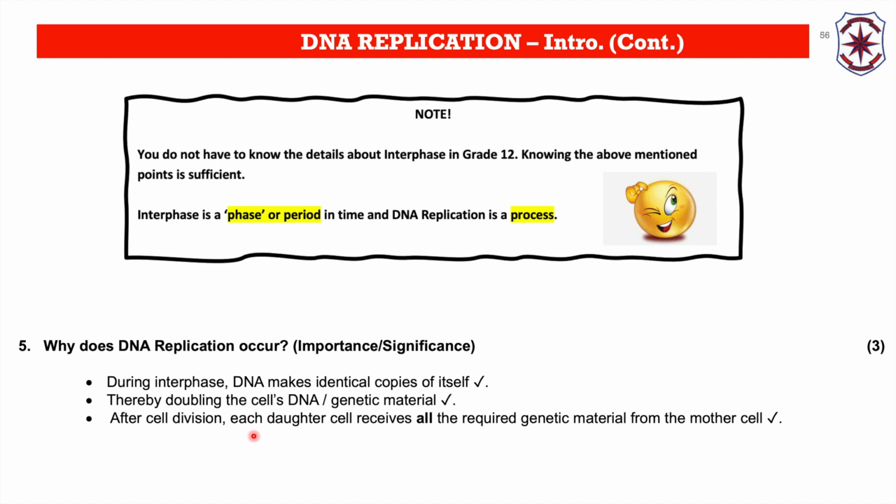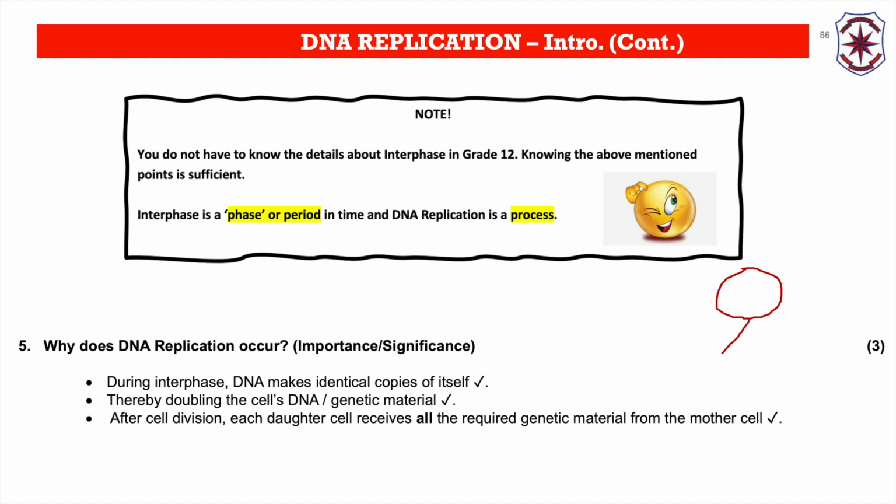After cell division, each daughter cell receives all the required genetic material from the mother cell. Remember, what is happening during cell division? You will find a situation where, for example, in mitosis, you have one original cell.